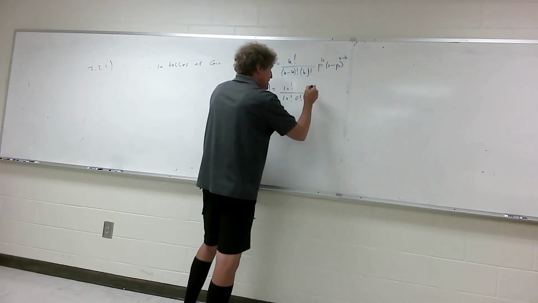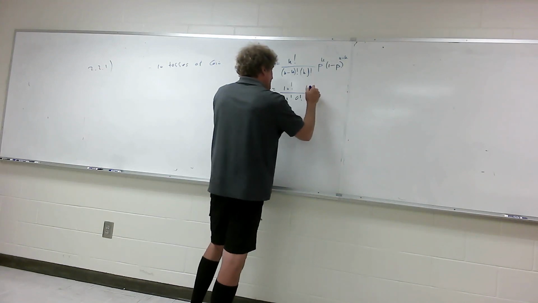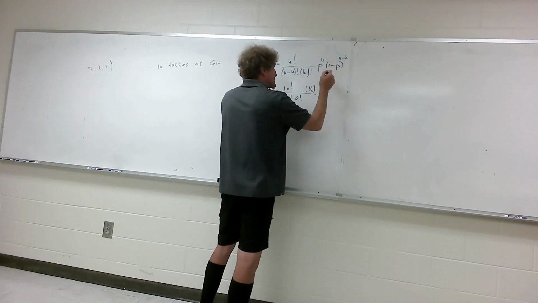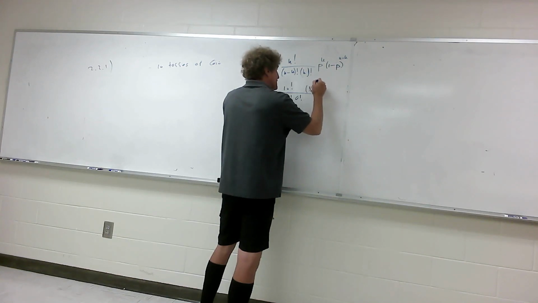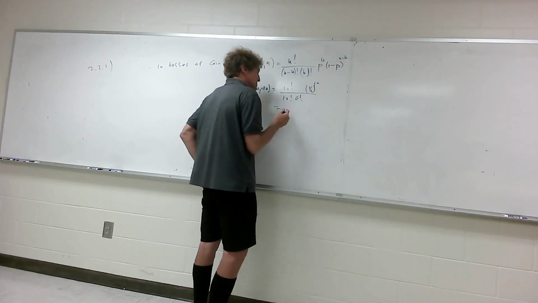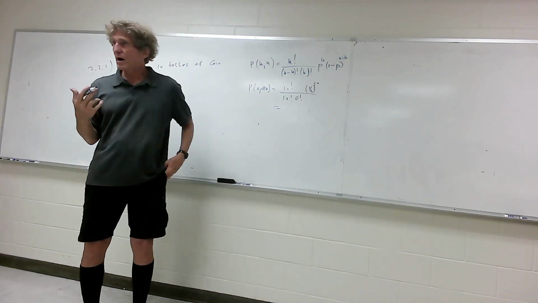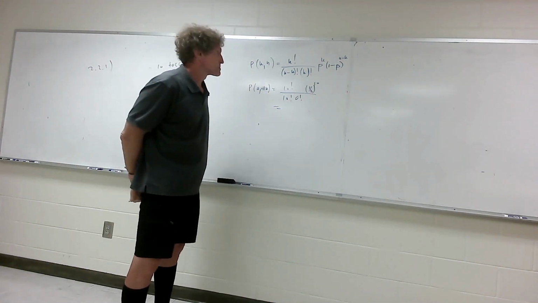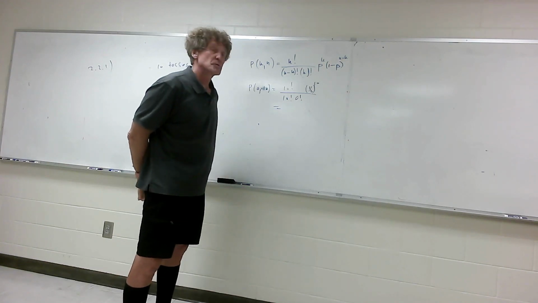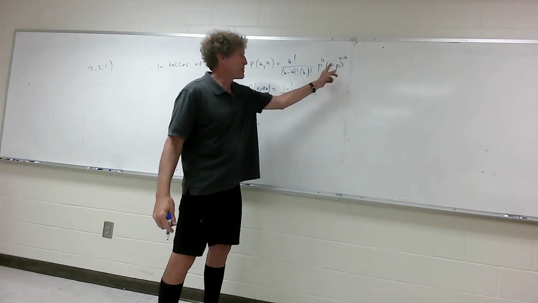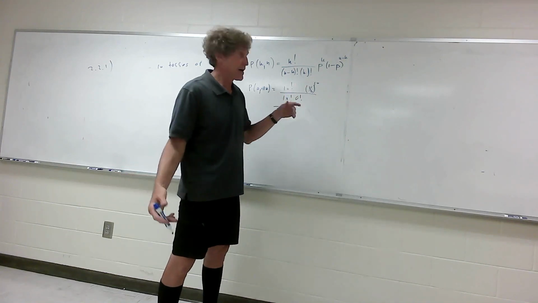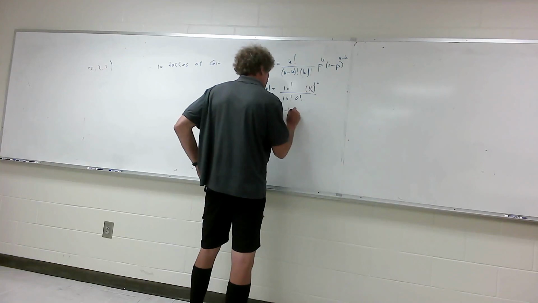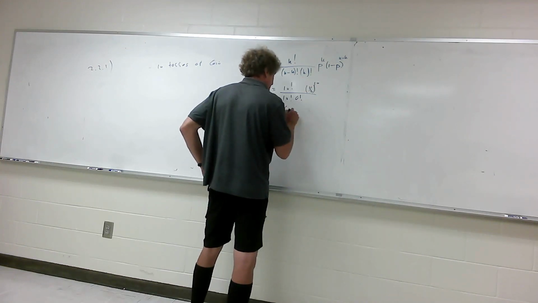Then the probability of heads is 1/2 to the 0 power, times 1 minus 1/2, which is 1/2 to the 10th power. Does everybody understand what I've done there, and why it's going like that? So this is simply going to be 1 over 2 to the 10th power, right?